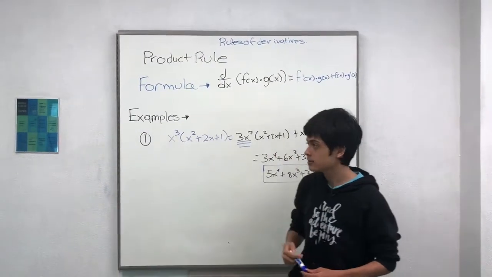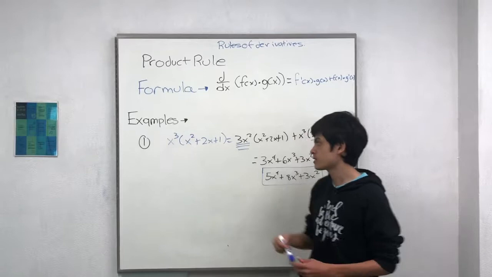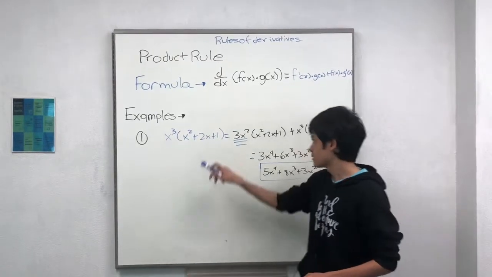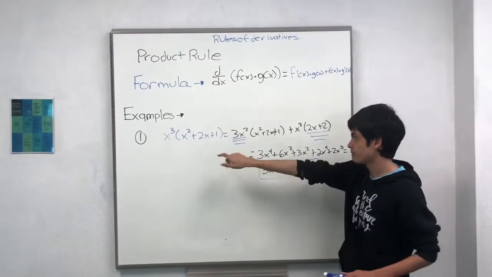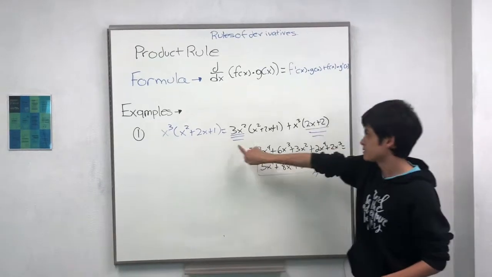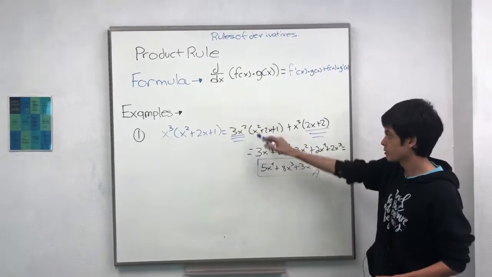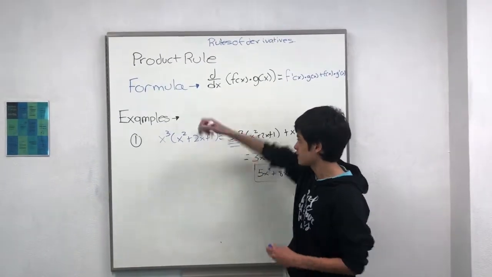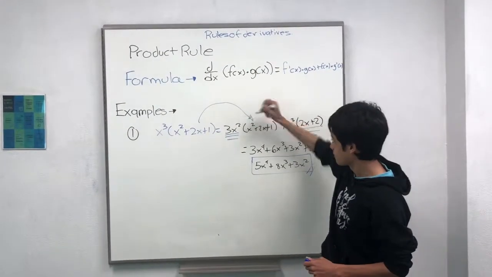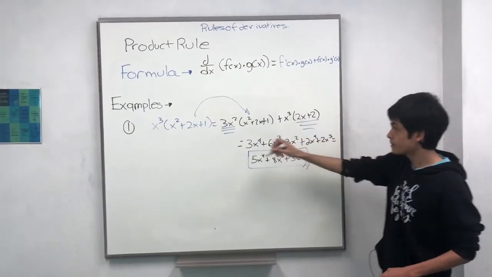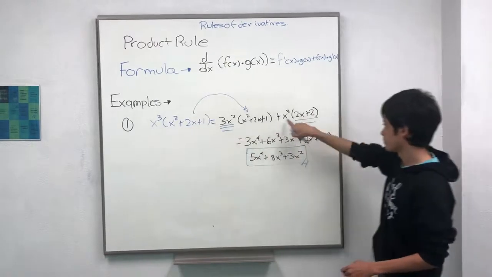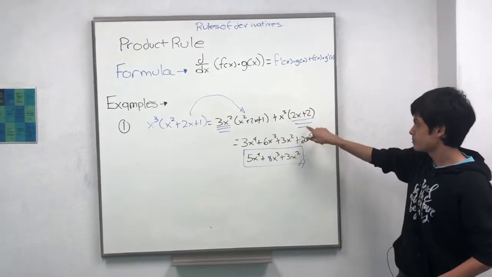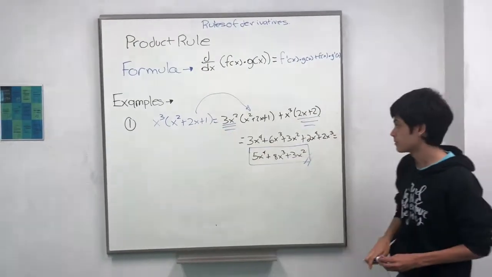Here we have x cubed times x squared plus 2x plus 1. This will mean that the derivative of x cubed is equal to 3x squared, which multiplies the non-derivative of the second one, plus the non-derivative of x cubed, which stays the same, times the derivative of the second one.